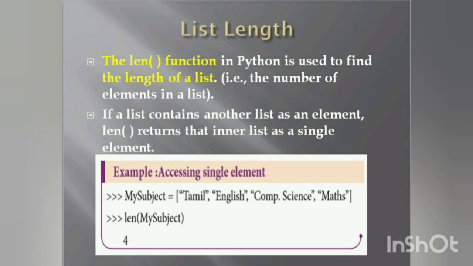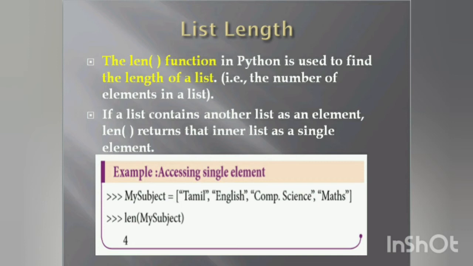The len function will return the value 4, because the 10, 12, 30, and that one more inner list are considered as 4 only. It won't count the elements in the inner list. It will consider the innermost nested list as one element.